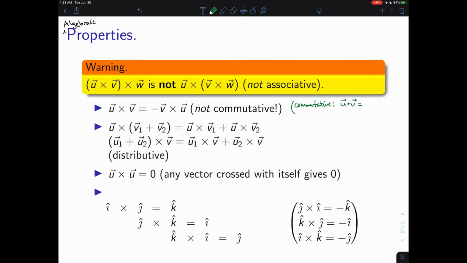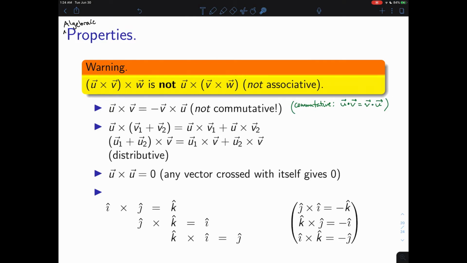Commutative is like U dot V equals V dot U. But these cross products, they're not equal. Instead, there's a minus sign. They are distributive. U cross V1 plus V2 does distribute: U cross V1 plus U cross V2.